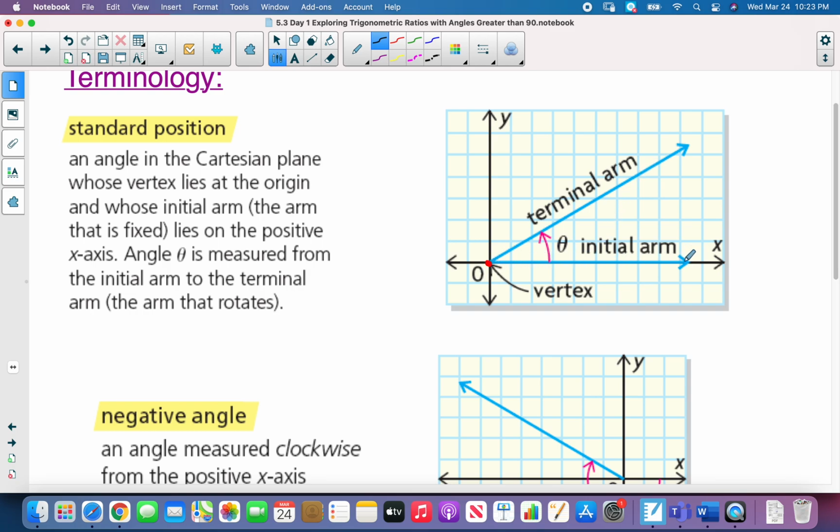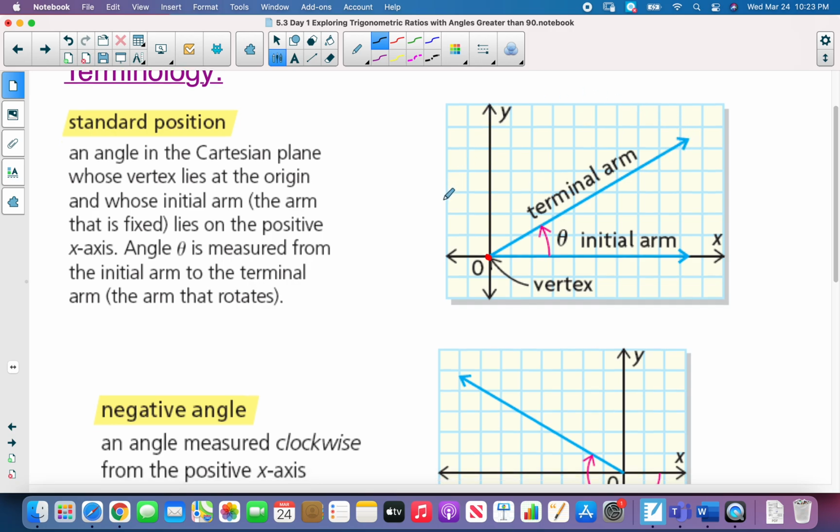The initial arm is on the positive x-axis, and the second arm is called the terminal arm. Between the two arms, you have the angle that is being measured. So angle theta is measured from the initial arm to the terminal arm, and the terminal arm is the arm that rotates and creates the angle theta.